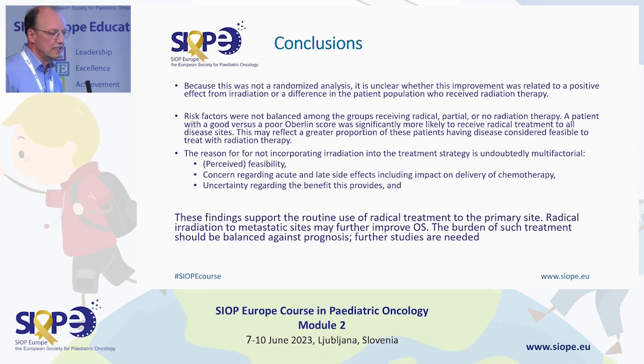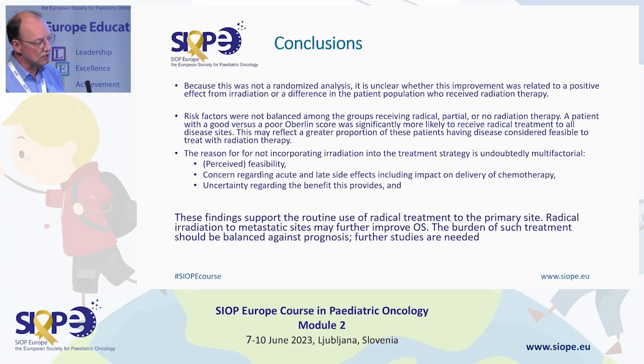And then the authors conclude that these findings still support routine use of radical treatment to the primary site. Not sure where they got that from. Radical irradiation to metastatic sites may improve overall survival. Yeah, that's quite strong to say, I would say, based on these results.